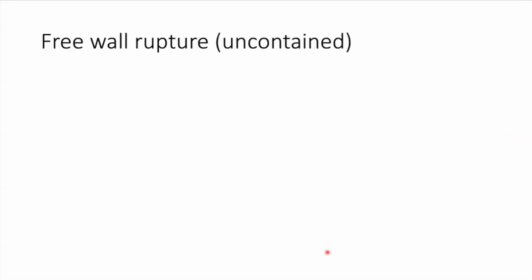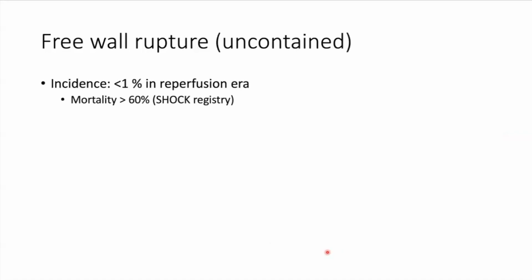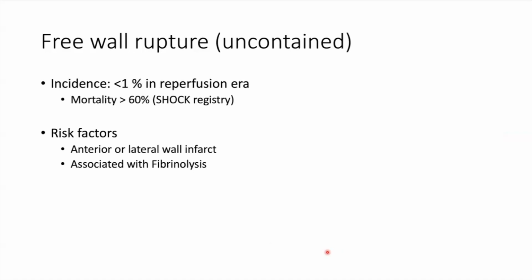All right. Finally, we'll just quickly touch on uncontained free wall ruptures. These have a much lower incidence, but an extremely high mortality, more than 60% in the SHOCK registry. They're typically anterior or lateral wall infarcts, and they're associated with fibrinolysis.